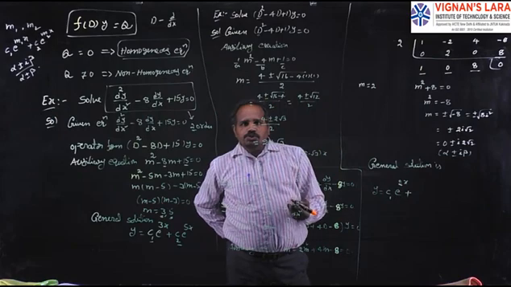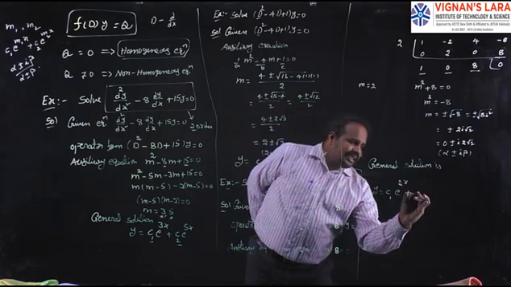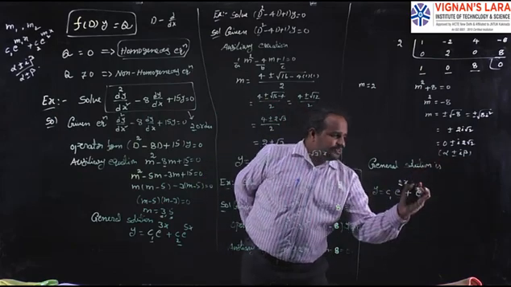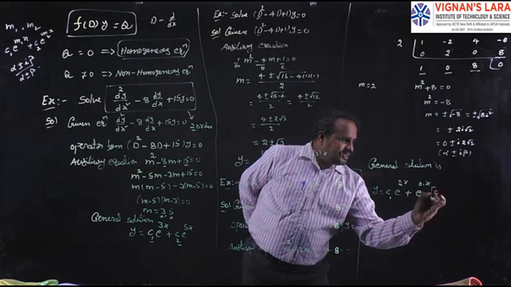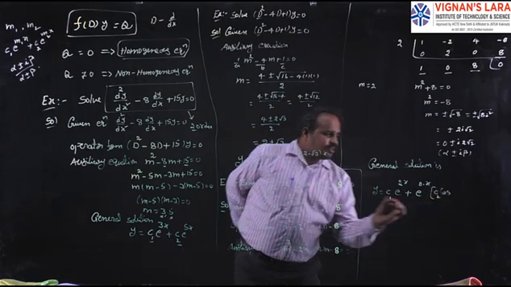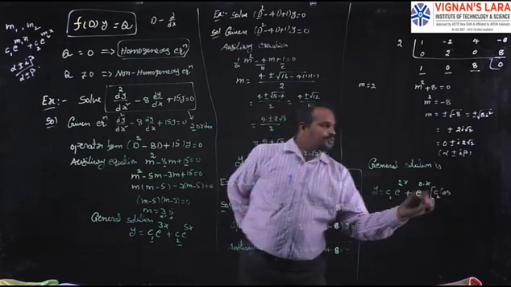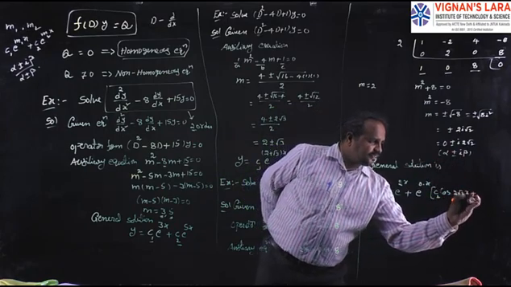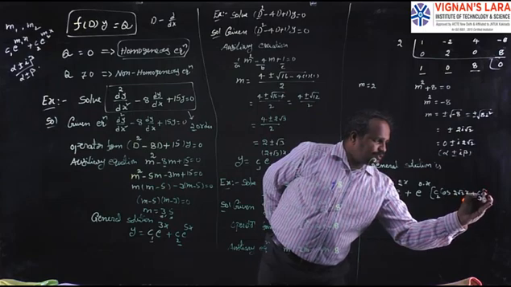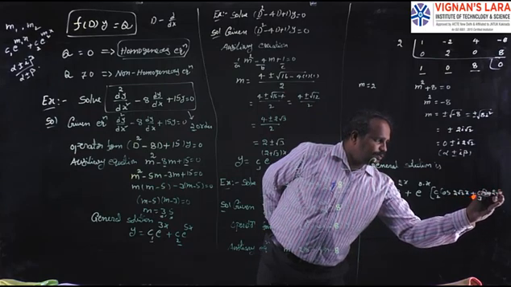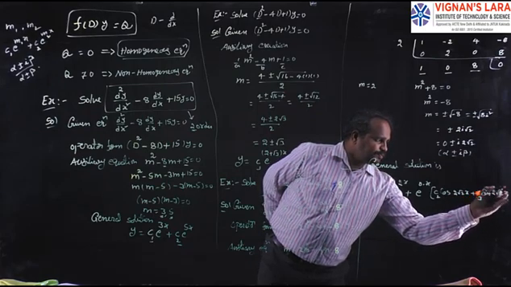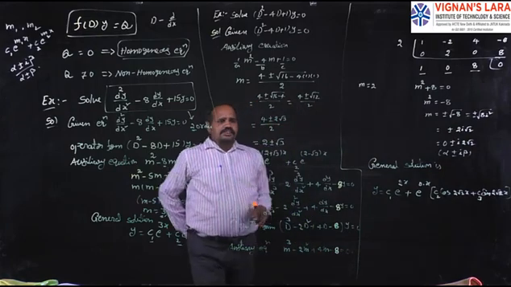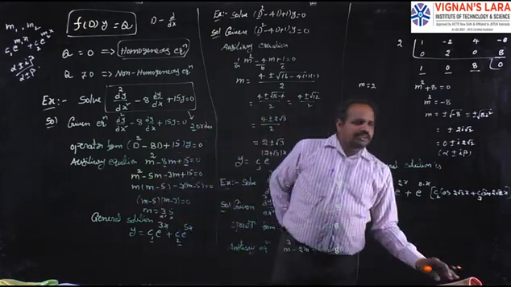Corresponding to complex roots, what is the solution? e power alpha value 0 into x, c2 cos, because c1 is already completed, so c2 cos, beta value 2 root 2 into x, plus c3 into sine 2 root 2 into x. So this is the general solution of the equation.